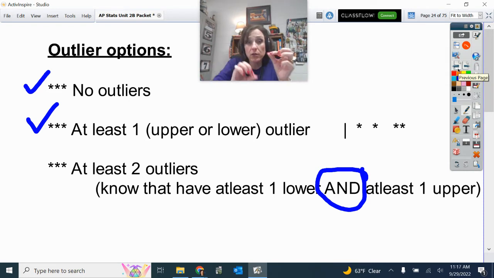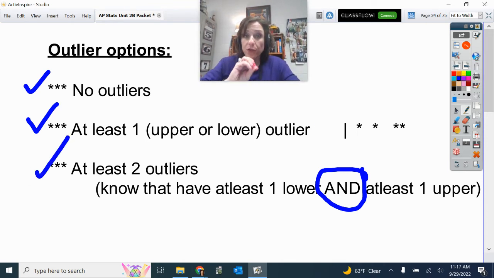Now, there could be more, but there's at least 2. So, those are your 3 options for how many outliers you have. All right, so that is it for understanding the outliers and their number based on the fences and the computer printout.